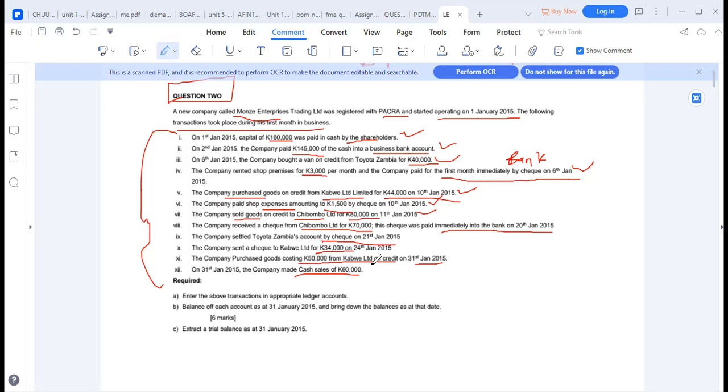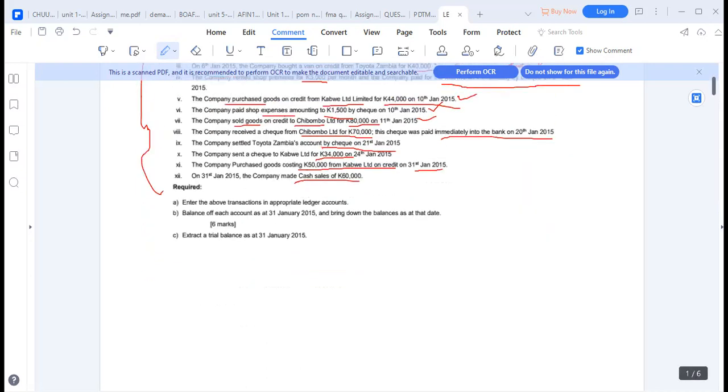We received it. Toyota Zambia, we bought actually on credit from them. Those are our suppliers where we buy from. Toyota Zambia gave away as we received. So the van had to be debited.